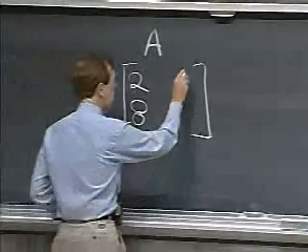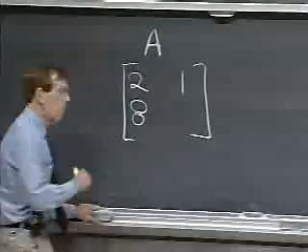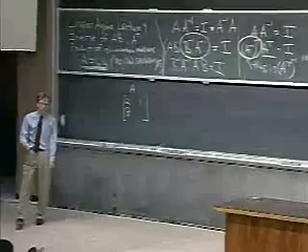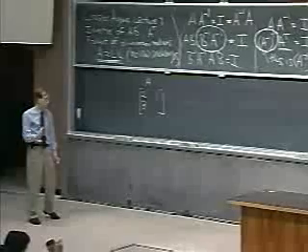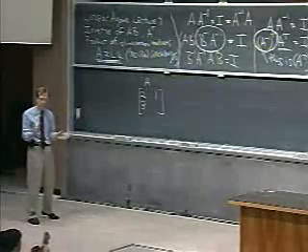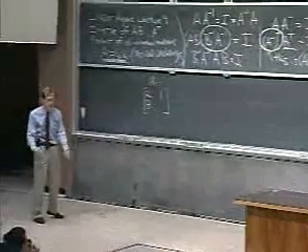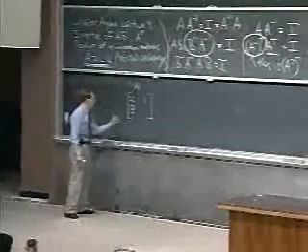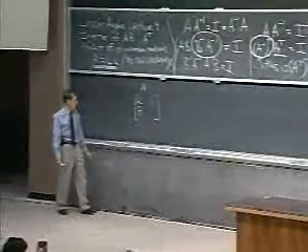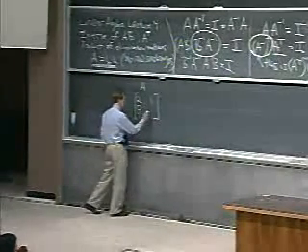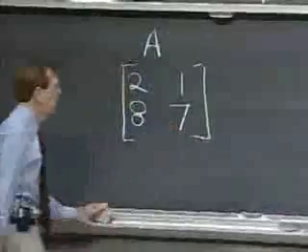And then let me put a 1 here. And what number do I not want to put there? 4. I don't want a 4 there because in that case we wouldn't have a second pivot. The matrix would be singular. Okay, so let me put some other number here like 7.